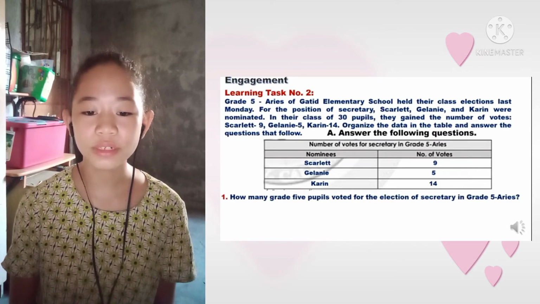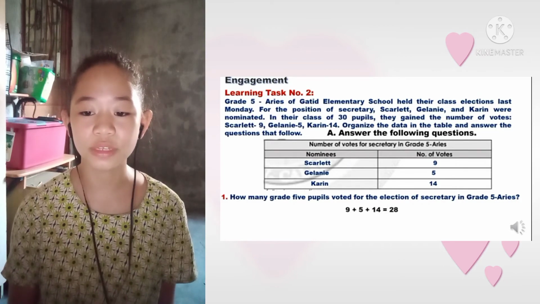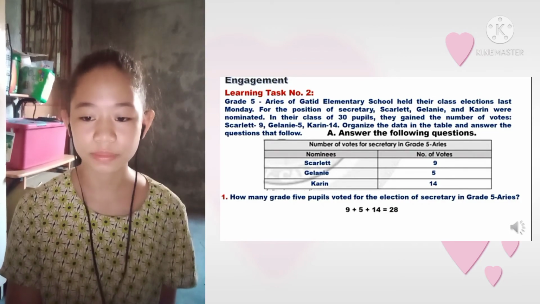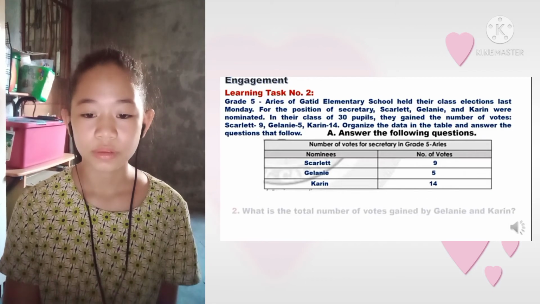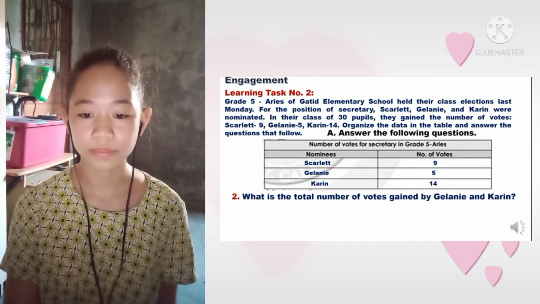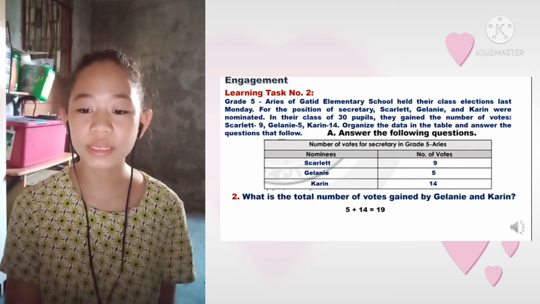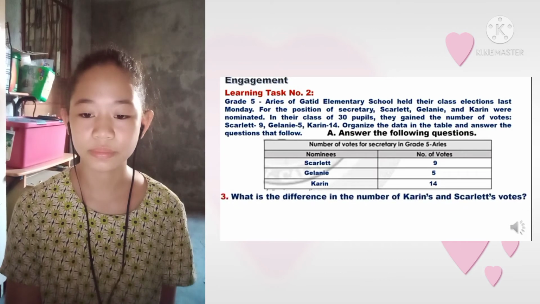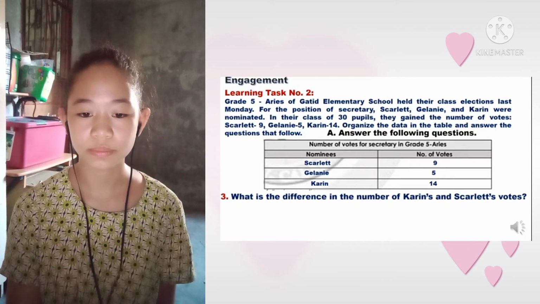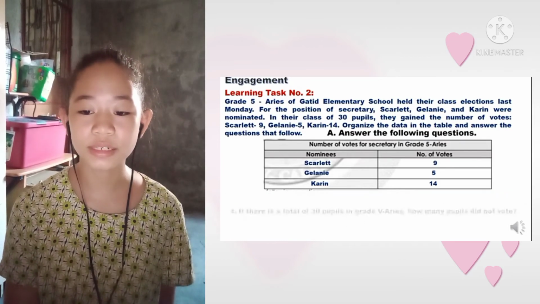How many grade 5 pupils voted in the election for secretary in grade 5 Aries? What is the total number of votes gained by Glenn and Karen? What is the difference between the number of Karen and Scarlett's votes?